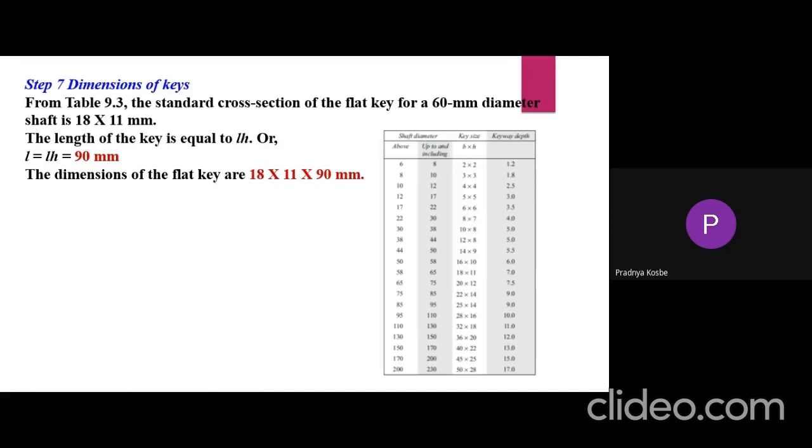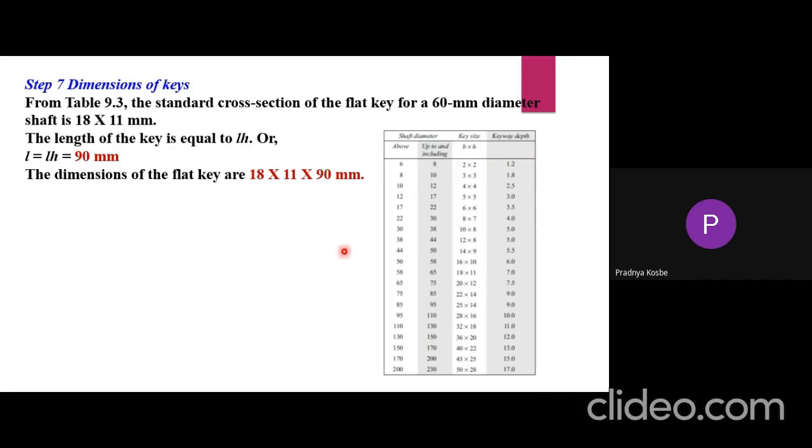So this is the table from Bhandari, and this is table 9.3 for key dimensions. If shaft diameter is 60 mm, then this is the dimension for a flat key. Mainly we use a flat key. So above, you can see over here, above and up to, and key size is given b into h, and key depth is also given.